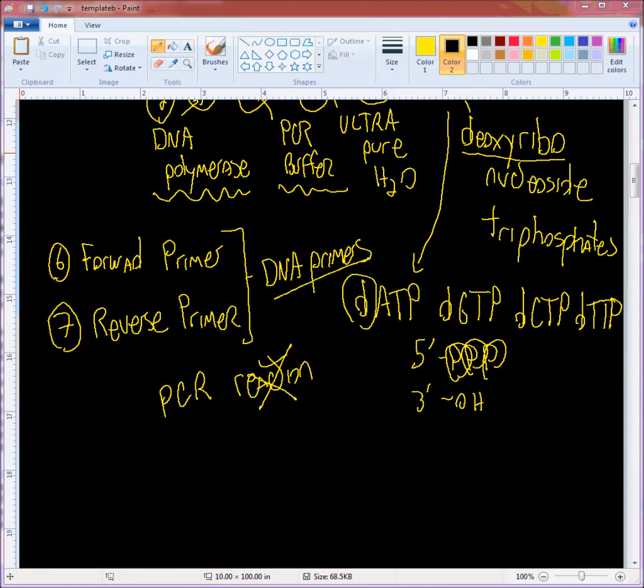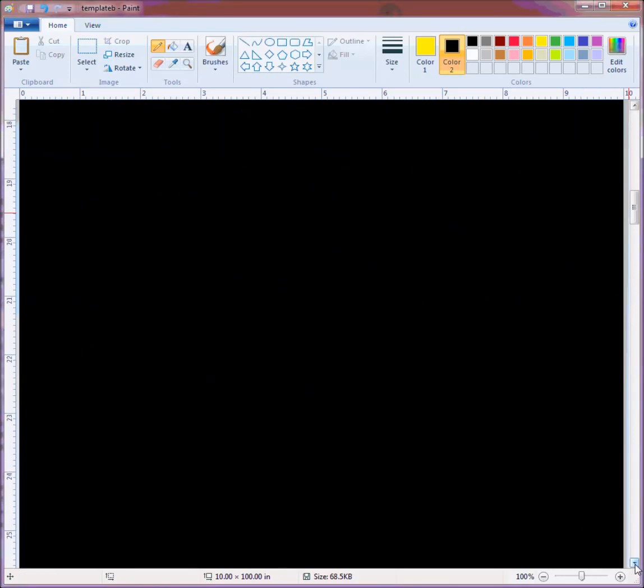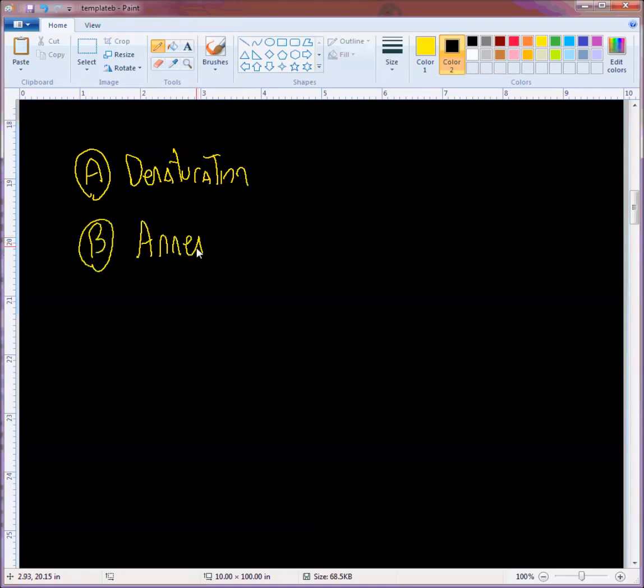Okay, so now that we know about all the components we're going to need for a PCR reaction, we can go over the steps of a PCR reaction. So in general, there are 3 steps. Denaturation, annealing, and that is spelled incorrectly.